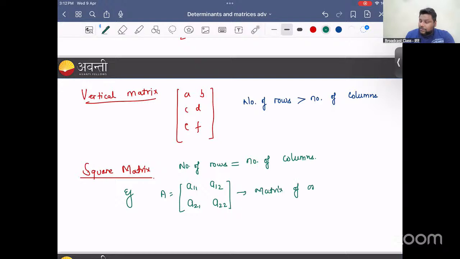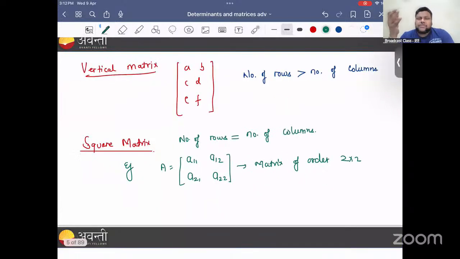A matrix of order 2 by 2. Am I clear? A square matrix of order 2. Sometimes while writing for a square matrix, it is not necessary that I say it is of order 2 by 2. Square matrix of order 2 automatically means it is having 4 elements of order 2 by 2.